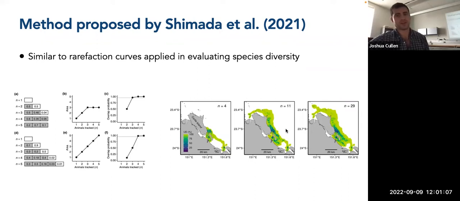And if you increase this to, let's say, 29 individuals, it actually hasn't changed that much at all. Maybe the intensity has increased a little bit in some areas, but it's essentially unchanged. So probably around 11 individuals, or maybe a little bit more, is the minimum number you would need to properly estimate the distribution of this subpopulation in this part of the world.